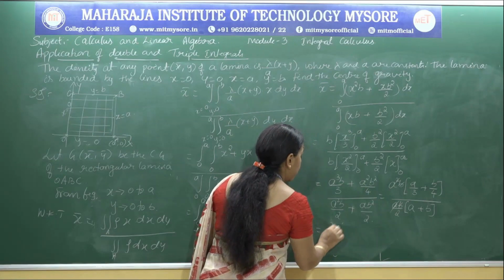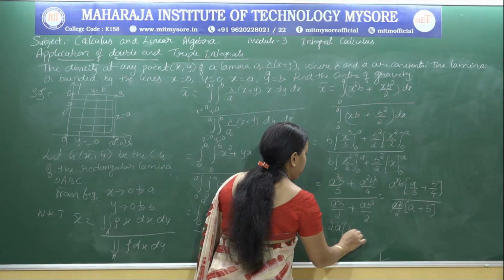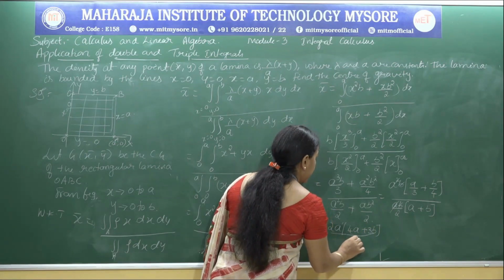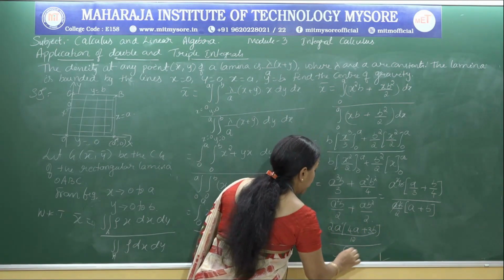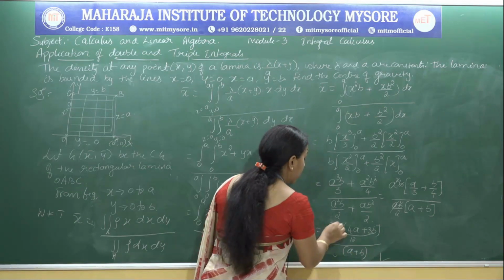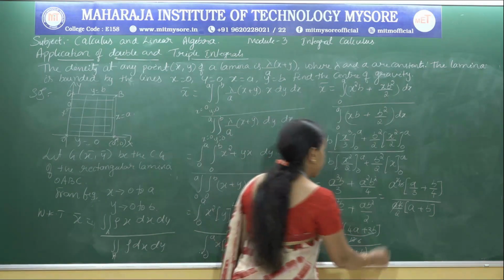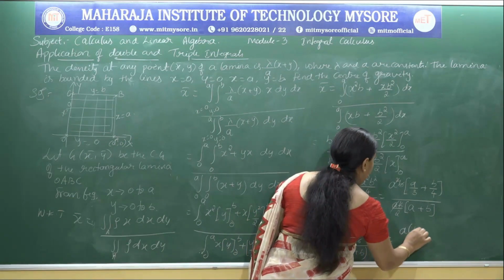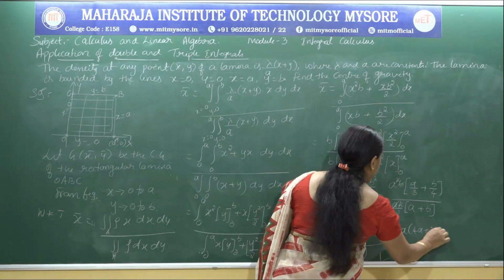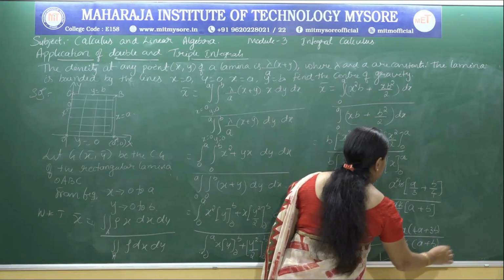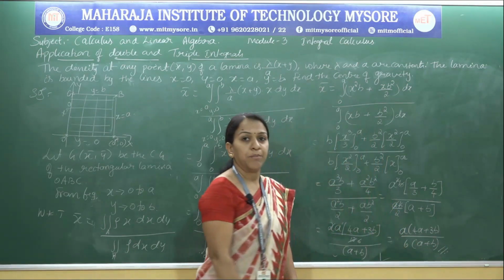So I am left with a also, 2a into (4a plus 3b) by 12, whole divided by a plus b. I can cancel 12 with 2, 6 times, so that we remain with a into (4a plus 3b) divided by 6 into (a plus b), which is our x bar.